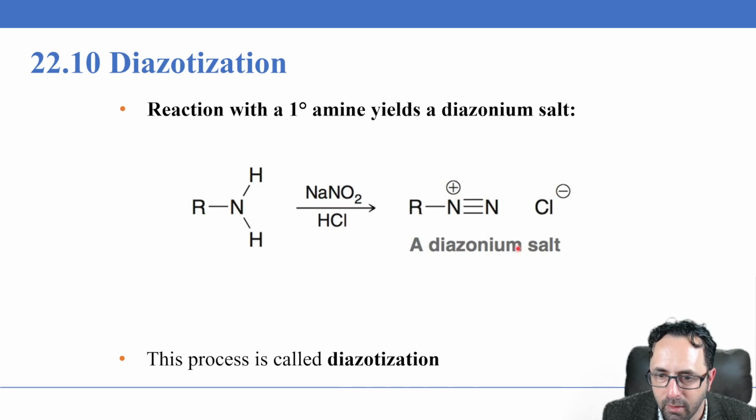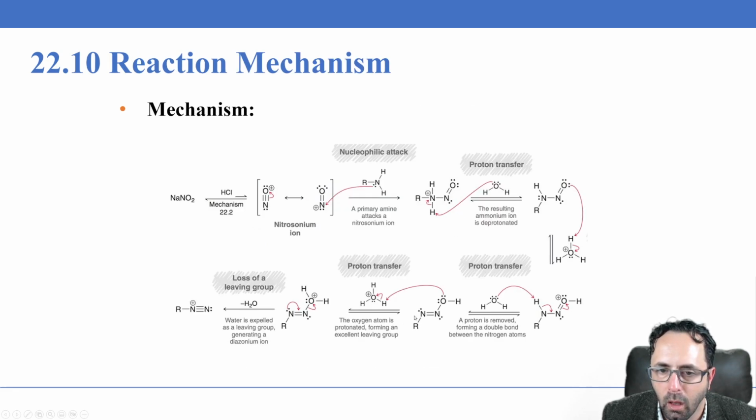We get a diazonium salt, and the reason why is because, well, we've got 2 hydrogens that can be removed. And that's what's going to ultimately lead to us getting a different product with this diazonium salt in a process that's referred to as diazotization.